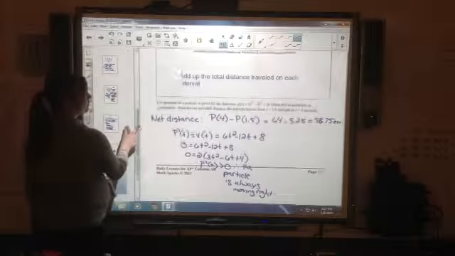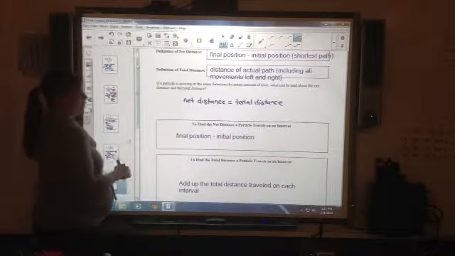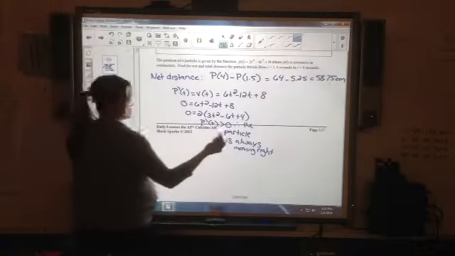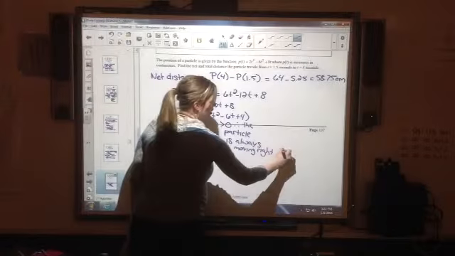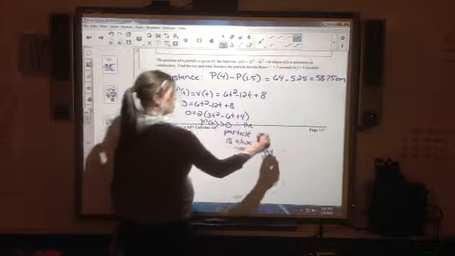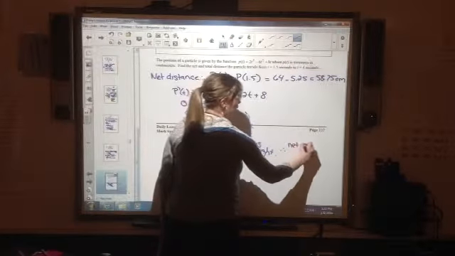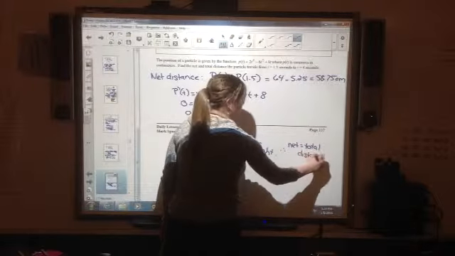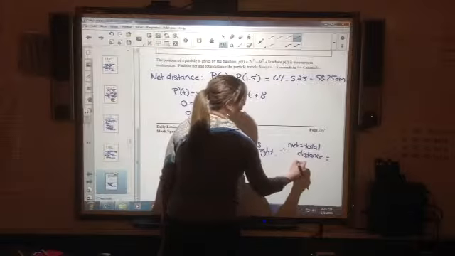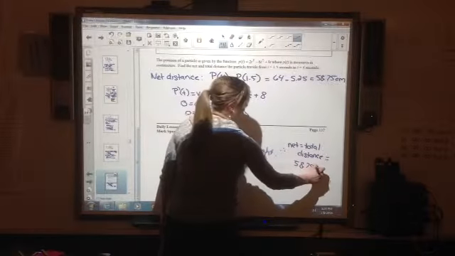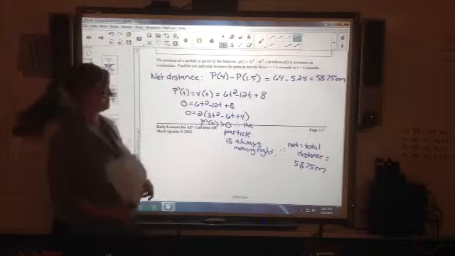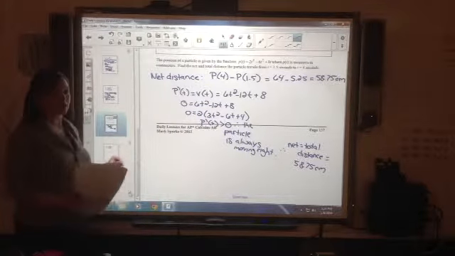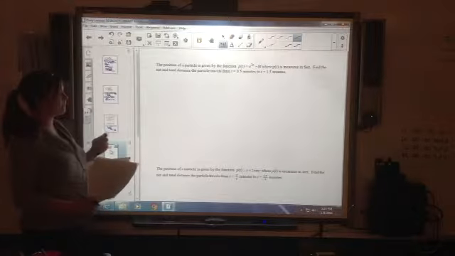And as we set up above, the net distance equals total distance if the particle never changes directions. So therefore, net equals total distance, and they both equal 58.75 centimeters. We did it.